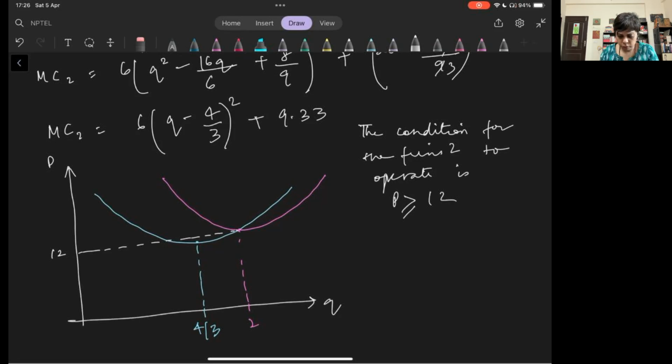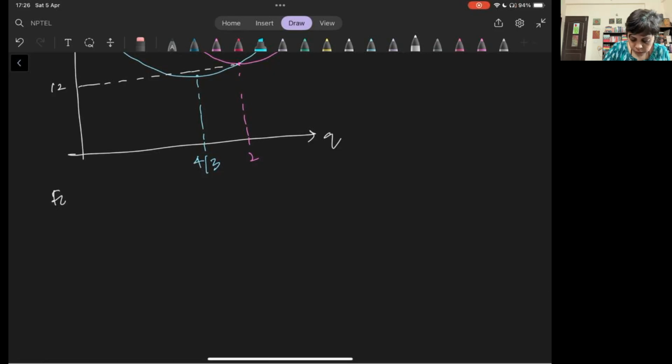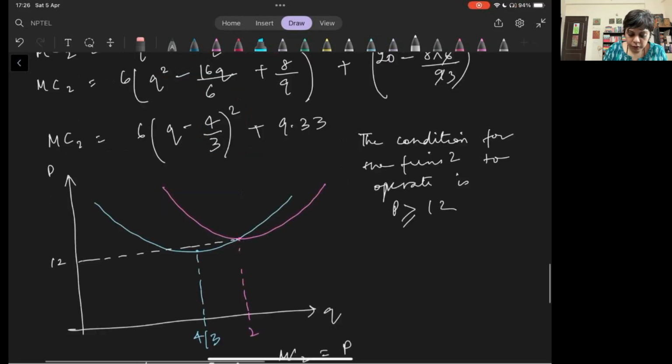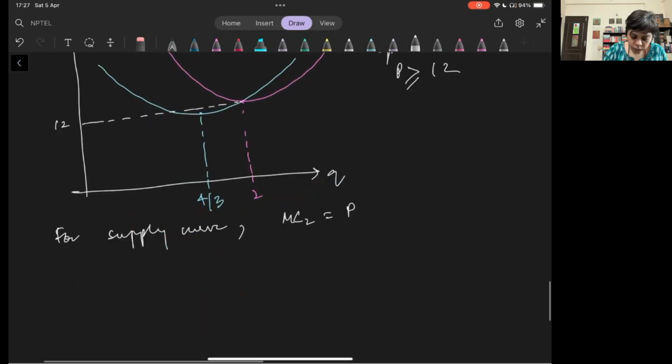So we now need to write the supply curve. Again, we will do marginal cost equal to P. So we just plug in this value here. Instead of MC2, I will just write P equal to this whole expression on the right hand side.